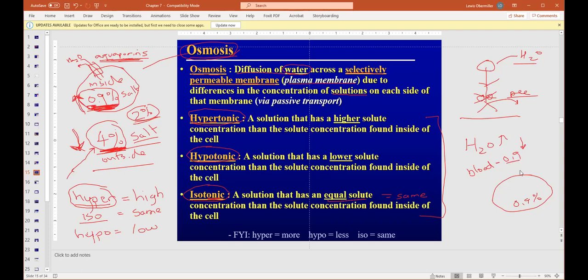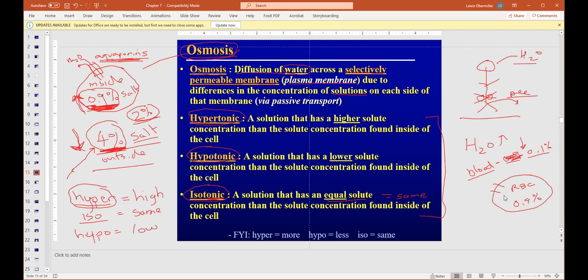What's going to happen to this number? Is it going to get higher or lower? Lower. Yeah. And so let's say it's close to 0.1% because you're drinking this water and you're not peeing it out. Your blood is going to have a lower concentration than, say, your red blood cells that are floating around in your blood.